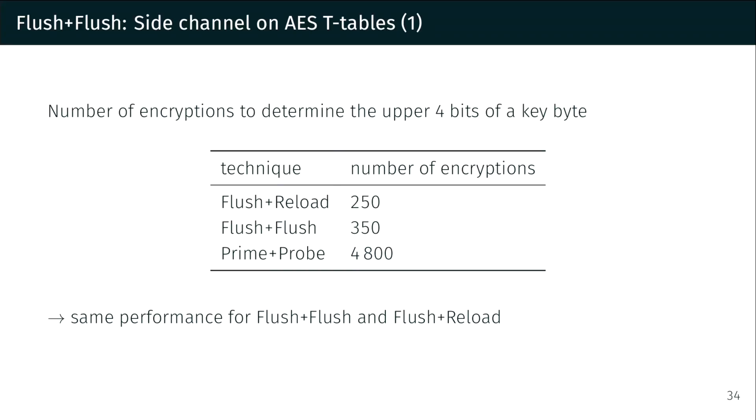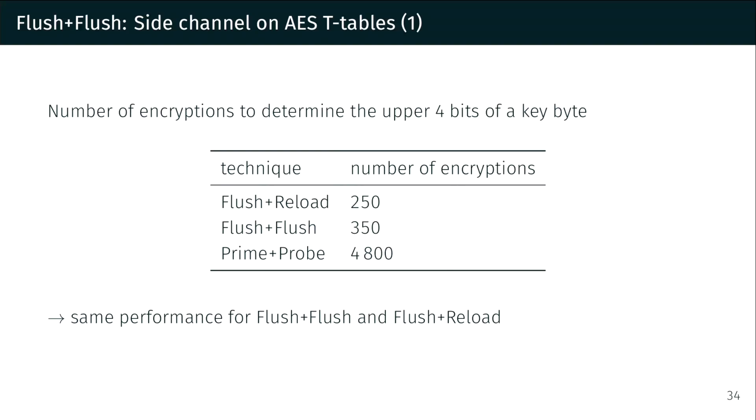Now, we wanted to also evaluate if it wasn't too noisy to perform some side channel attacks. So we did these side channels on the AES T-table implementation, the attacks that I've shown you earlier. So we computed the number of encryptions that we needed to determine the upper 4 bits of a key byte. So here, the lower, the better the attack.